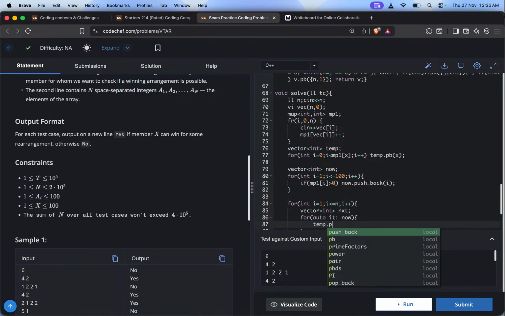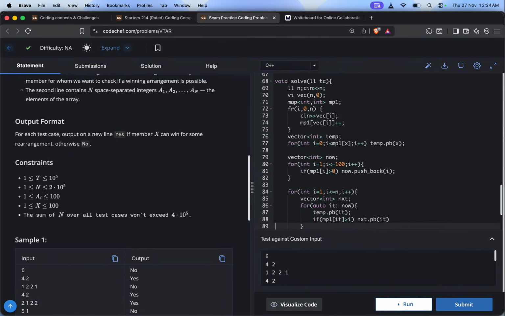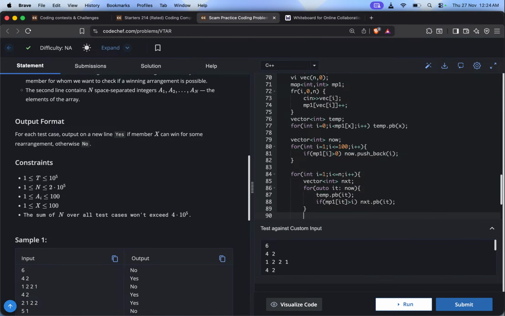Insert it inside our temp. Now, if this element has frequency greater than i, it will be available in the next subarray. At the end of these iterations, now will be equal to next.